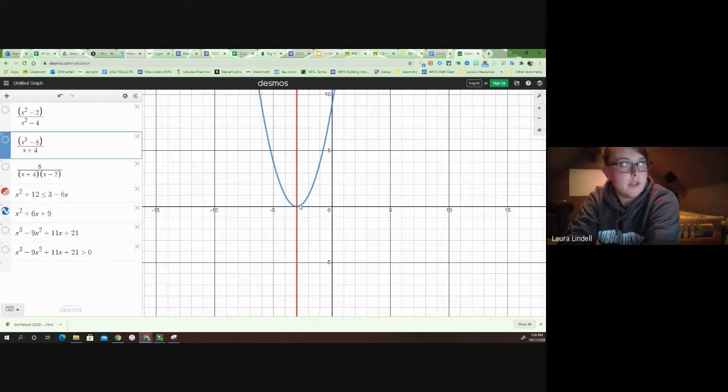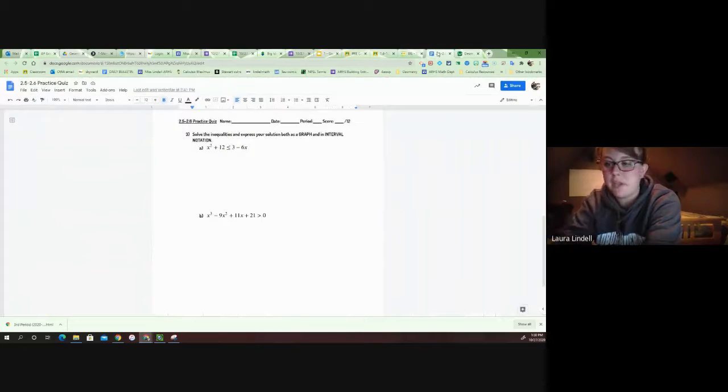Okay. So that's 3A. Next thing we want is 3B. 3B is a cubic. We have x cubed minus 9x squared plus 11x plus 21 is greater than 0. This one I would probably toss into the calculator right away, since this cubic doesn't look like it's going to do much in the way of factoring nicely for me.